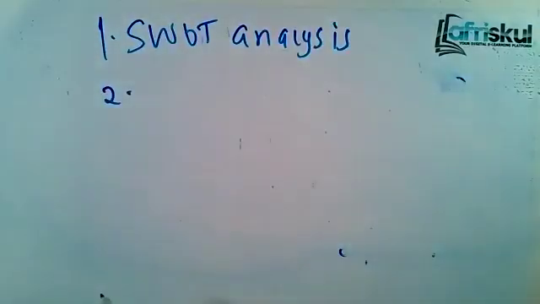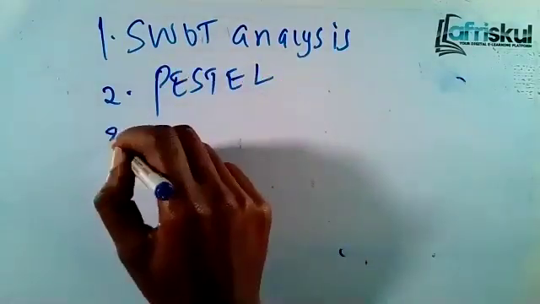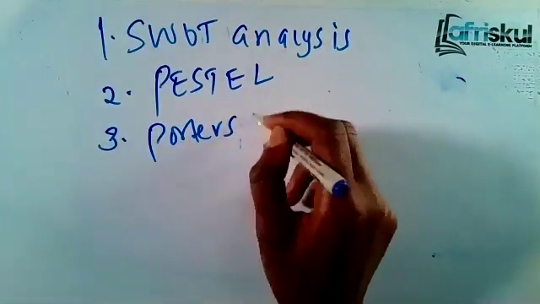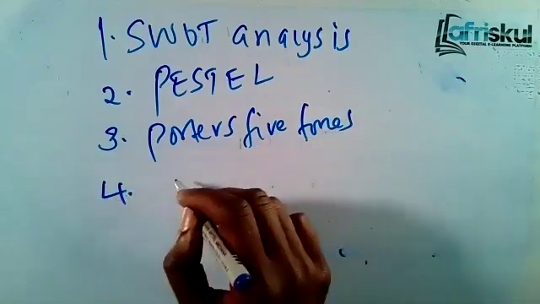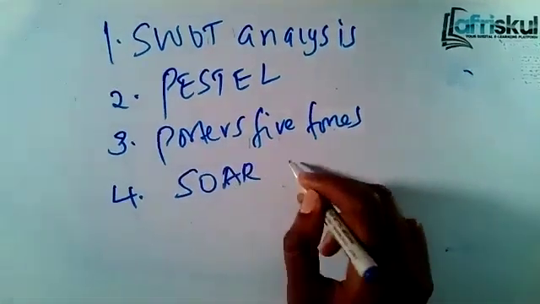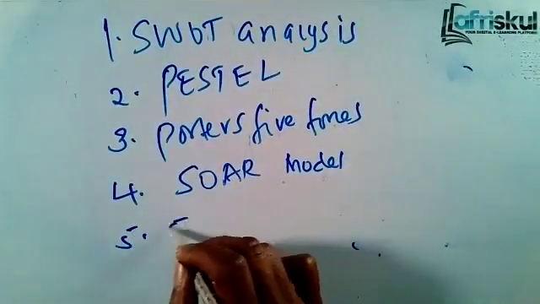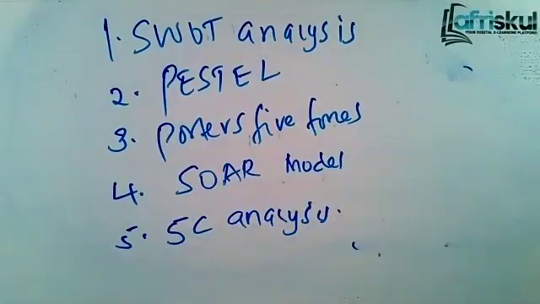Number two, we can also use PESTEL analysis. Number three, Porter's 5 forces analysis. Number four, we can use SOA model. And number five, we can use 5C analysis. Those are some of the tools that we use.